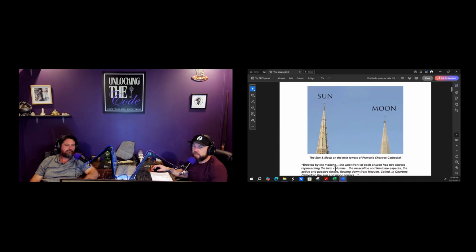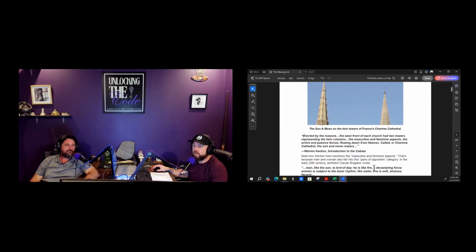We can see that there, the twin towers of France in the Chartres Cathedral. Erected by the Masons, the west front of each church has two towers representing the twin columns, the masculine and feminine aspects, the active and passive forces flowing down from heaven, called in Chartres Cathedral the Sun and Moon Towers. Warren Kenton, Introduction to the Kabbalah.